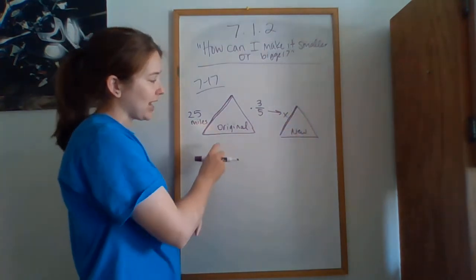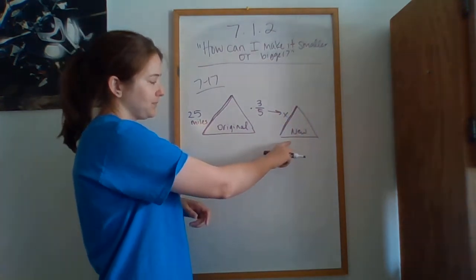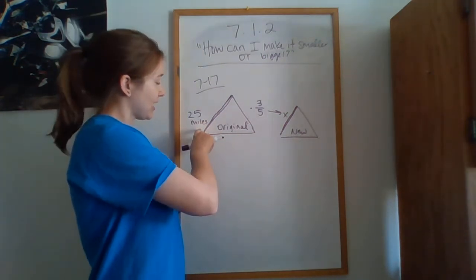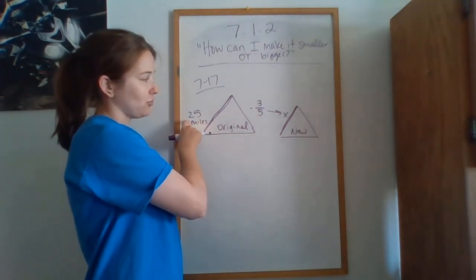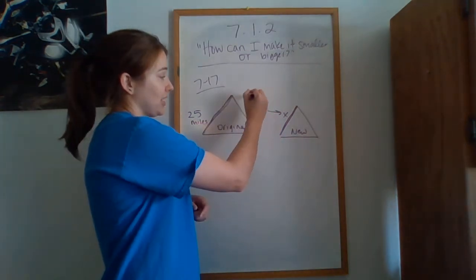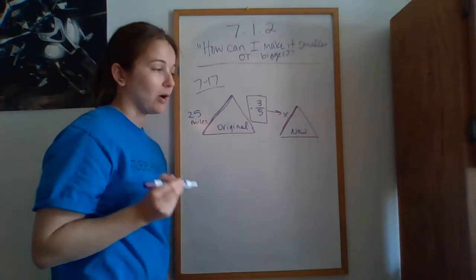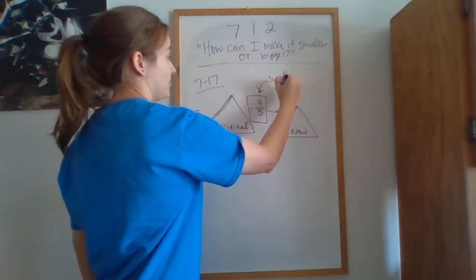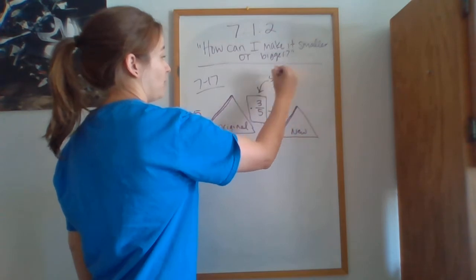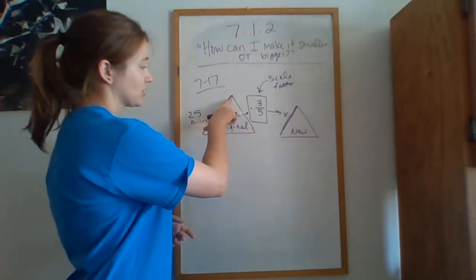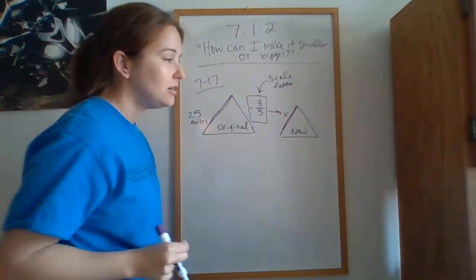And we know since the triangles are related, they're similar triangles. So that means that I can multiply something by this 25 to get that x. And our scale factor for this problem is 3/5. So that's our scale factor, what we multiply one side by to get the corresponding side. So this side corresponds with that side.